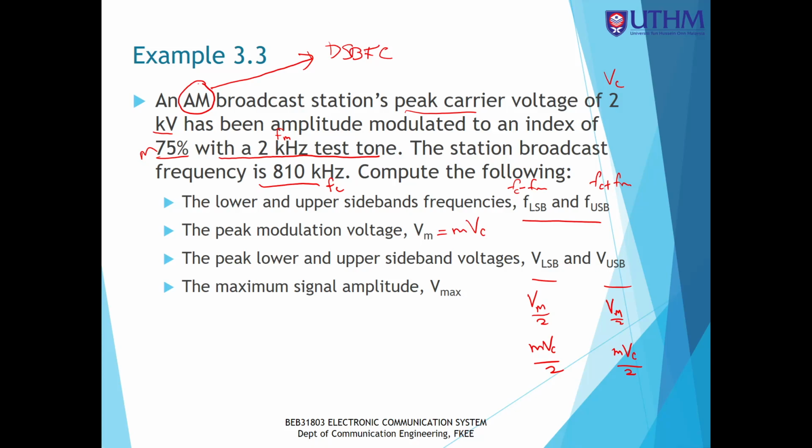The last question: maximum signal amplitude. Vmax is equal to Vc plus Vm, both in terms of peak amplitude.